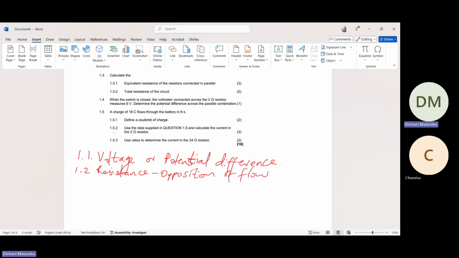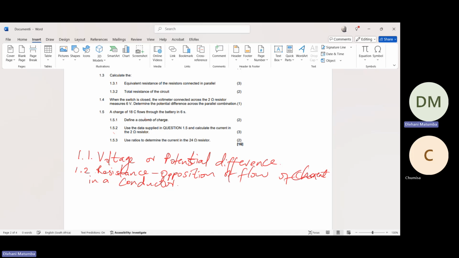Okay, flow of current in a conductor, right? But it is the opposition of the flow of charges.